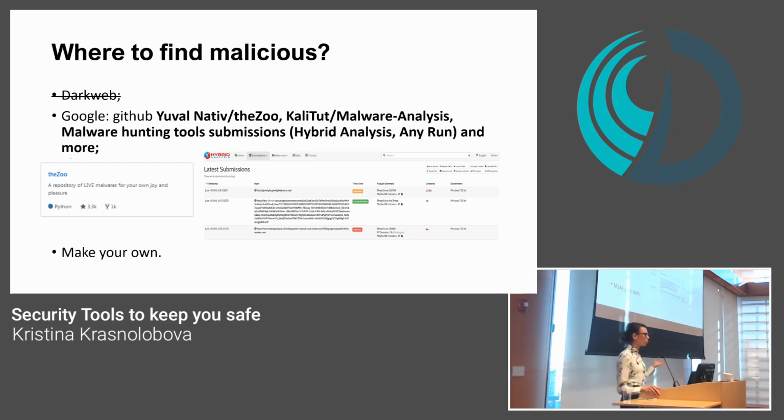You also can Google, look at the different GitHub repositories, theZoo being one of the examples, as well as a lot of malware hunting tools that allow you to look at submission pages and copy malicious URLs or download files. Or if you're creative and you have time, you can make your own, like my coworker John, who's here present. He's a very talented malware creator guy.